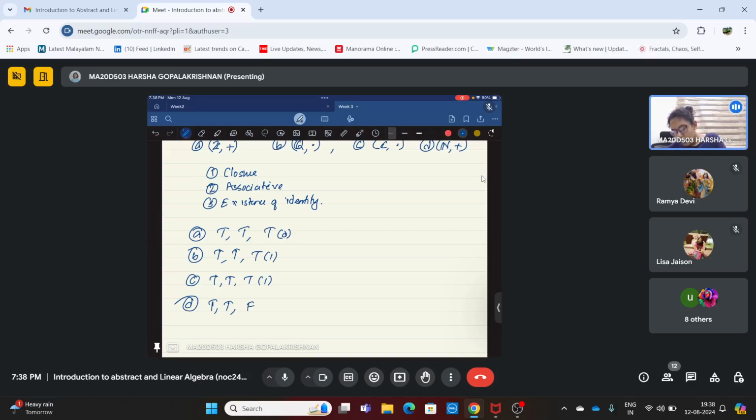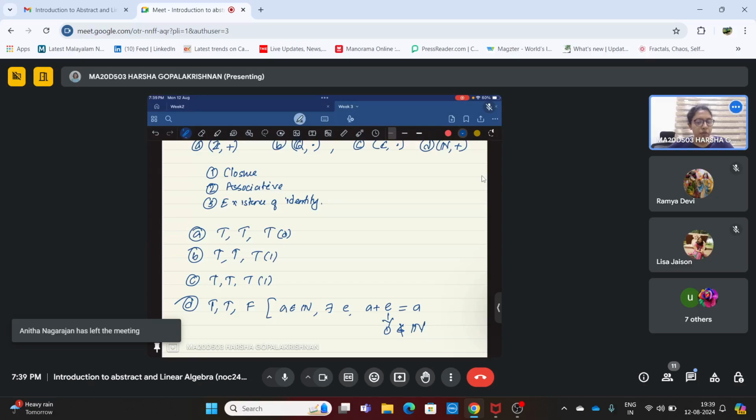For existence of identity, what we want is, if A is an element in N, there should exist some identity such that A plus identity is equal to A. So the only possible case is 0, but 0 is not a natural number. So it does not satisfy the identity property.